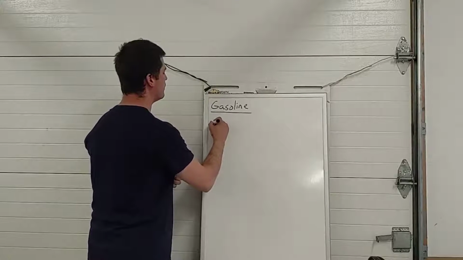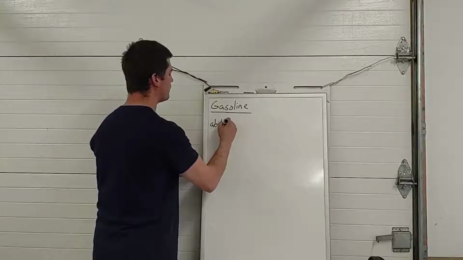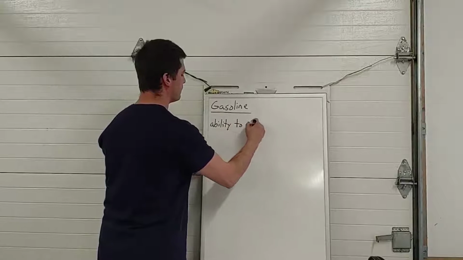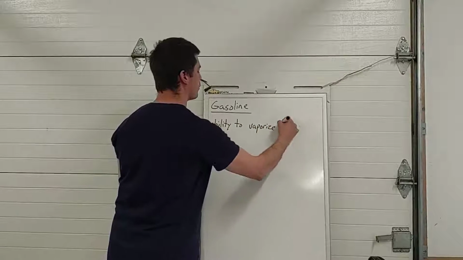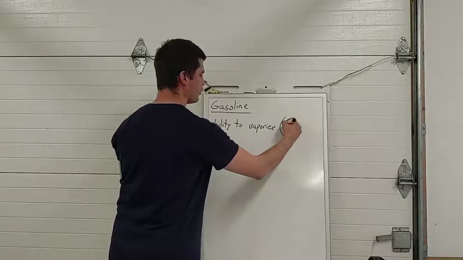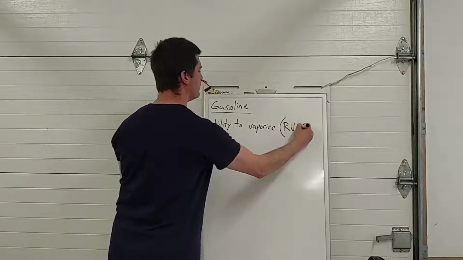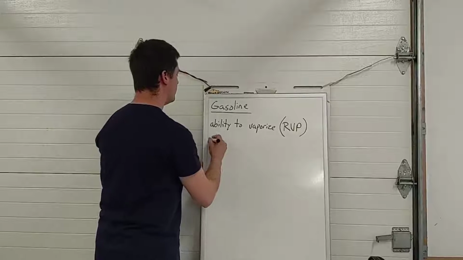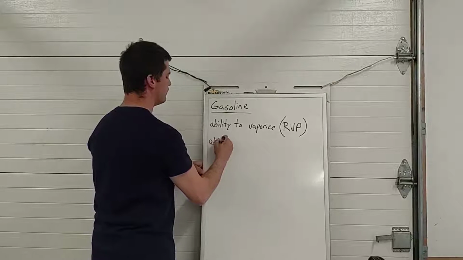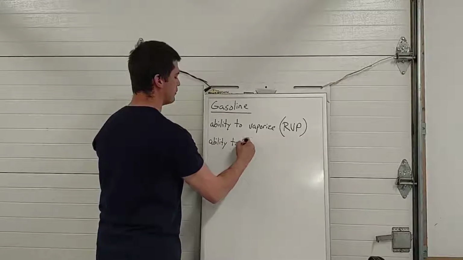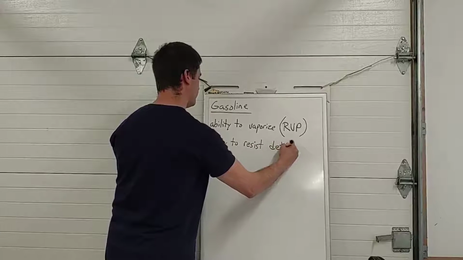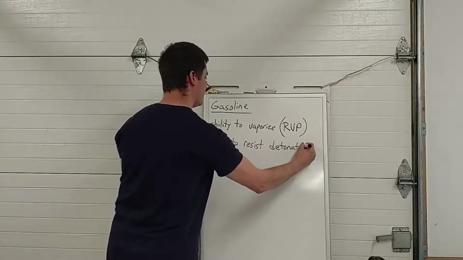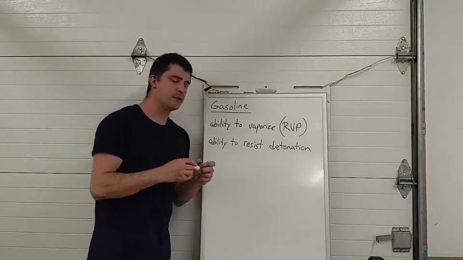are its ability to vaporize, or what we call its Reid vapor pressure, or RVP, its ability to resist detonation, which we'll talk about in a later lesson.